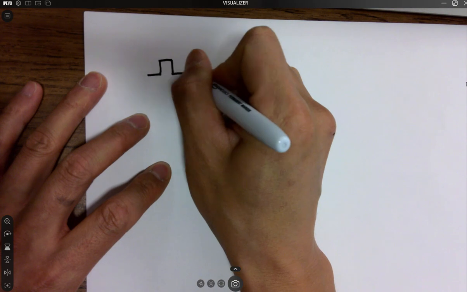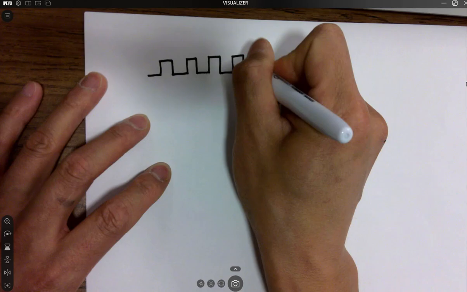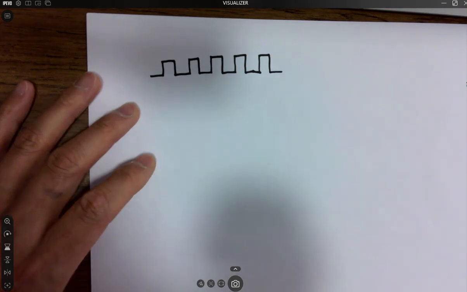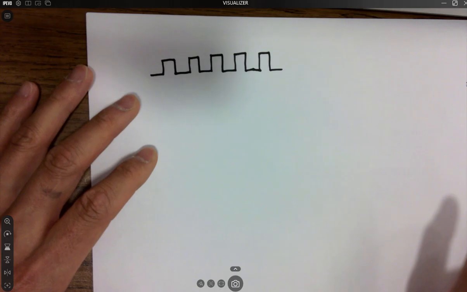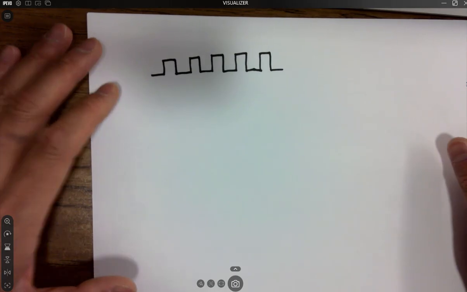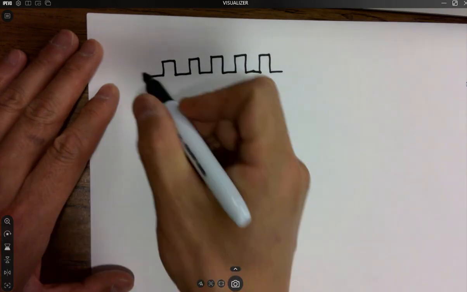One bit is just 1 0 1 0 1 0 like that, so there's no way to count with one bit. You need multiple bits. If you have 2 bits, you can count up to 3. With 3 bits, you can count up to 7.